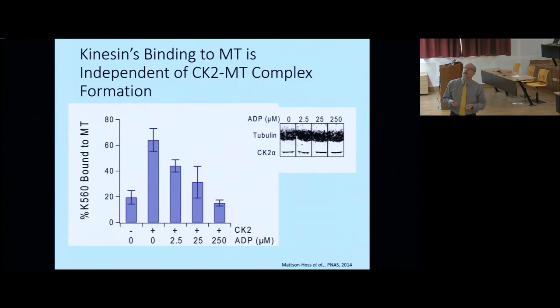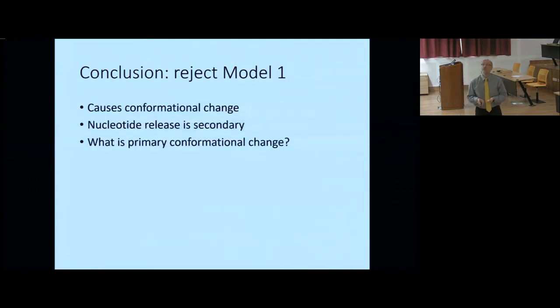Okay, so the conclusion from all this is that it's causing some sort of conformational change to release the ADP, but that nucleotide release is secondary, and it's probably not why it's inactive. So it leads to the question of why the motor is inactive, and I only have a partial answer.